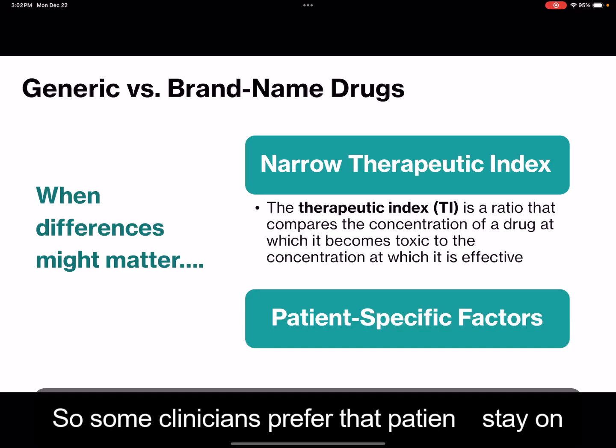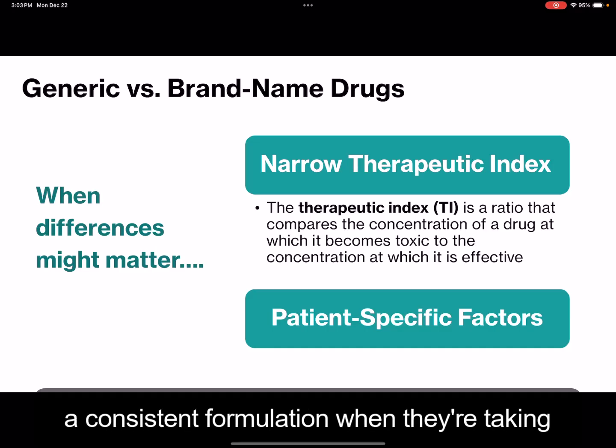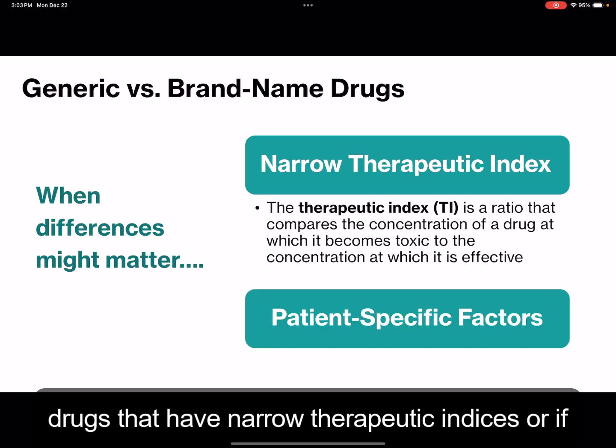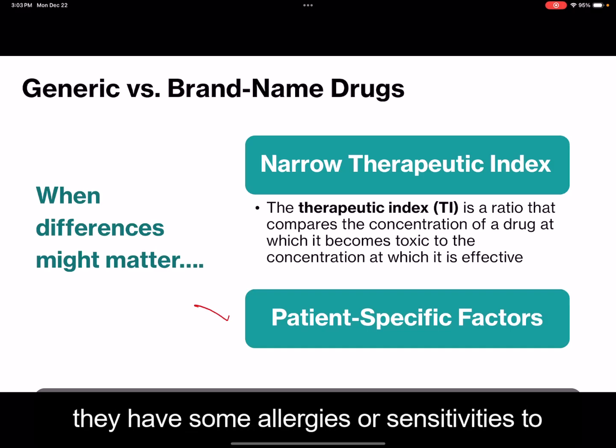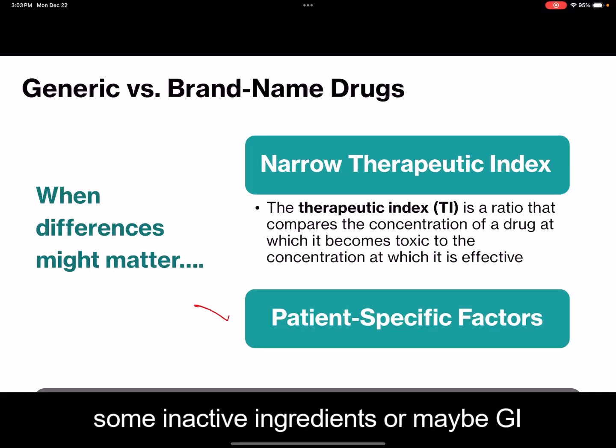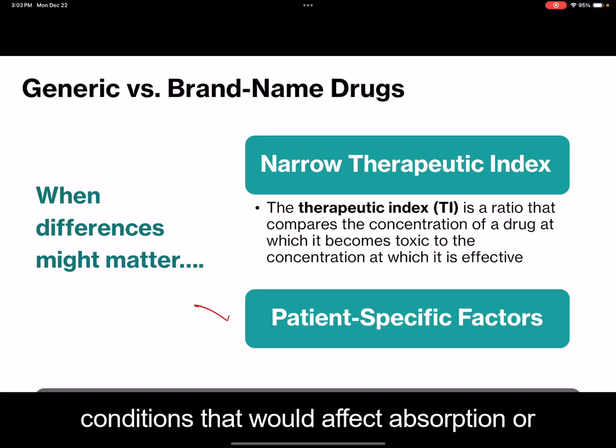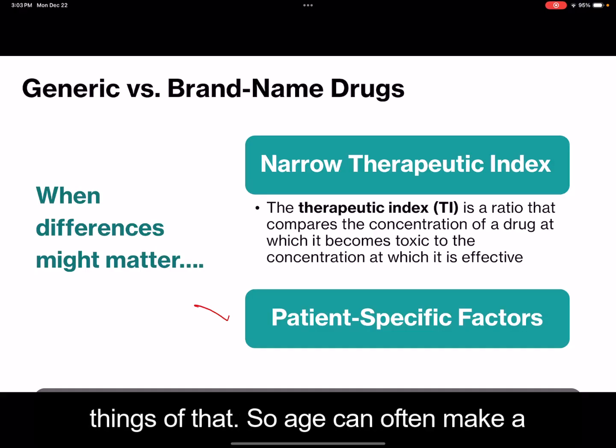So some clinicians prefer that patients stay on a consistent formulation when they're taking drugs that have narrow therapeutic indices, or if they have patient-specific factors, like maybe they have some allergies or sensitivities to some inactive ingredients, or maybe GI conditions that would affect absorption or things of that.